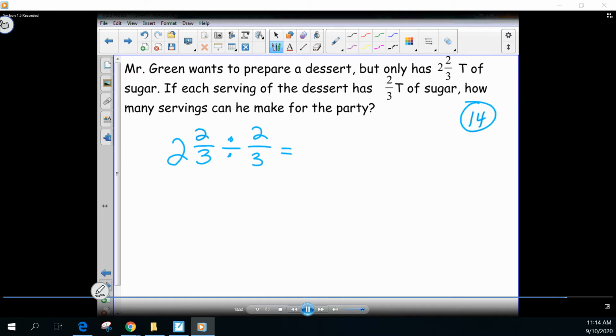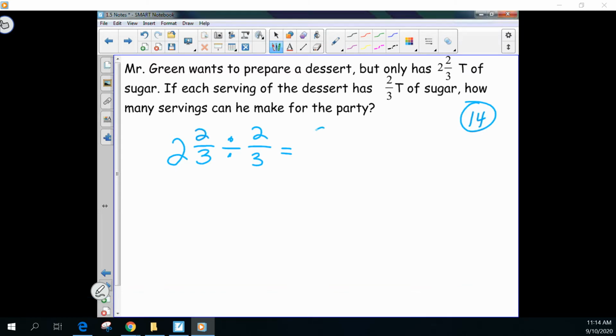The first thing we would need to do is convert 2 2/3 into an improper fraction. So 2 times 3 is 6, plus 2 is 8. So 8/3 divided by 2/3. Okay, then in order to divide fractions, we flip and multiply. So 8/3 times 3/2.